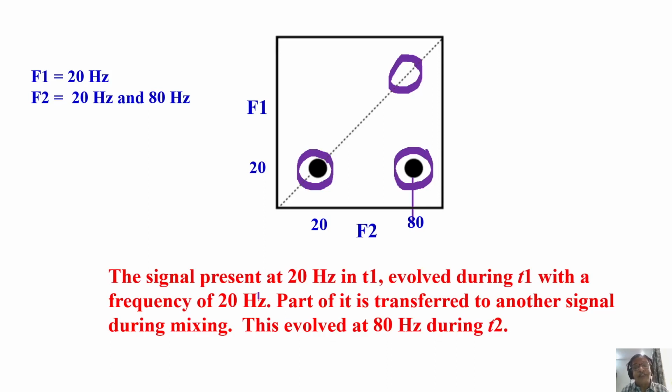And then especially I took the example of a COSY two-pulse sequence, how the magnetization evolves, what happens to magnetization, how one spin precessing at a particular frequency in the given period transfers its magnetization to another spin during the evolution period and mixing period, and how the peaks will appear as diagonal peak and cross peak.